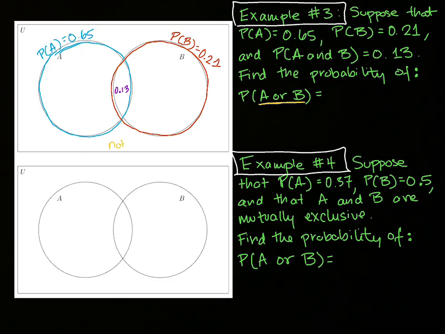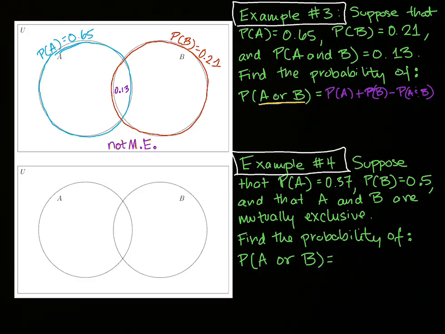So we need to use the one where we subtract away the intersection so that we don't double count it. So A and B.